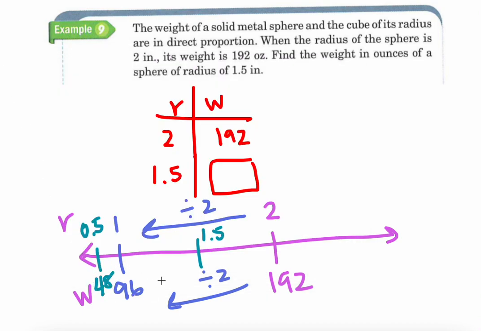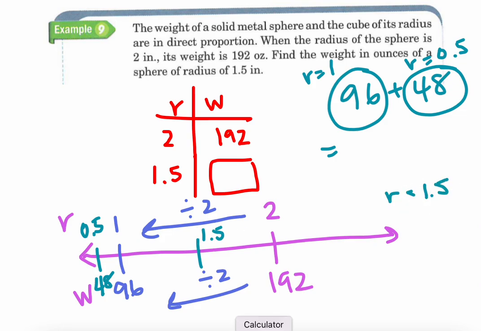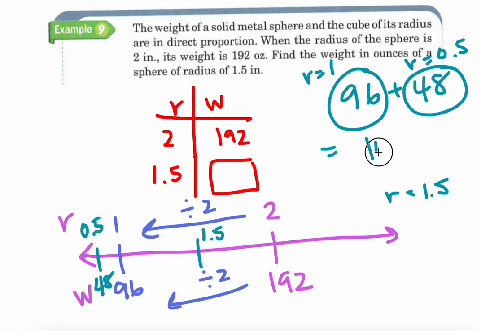So if I just do 96 plus my 48, I should get my answer. Because 96 is for 1, radius of 1, and then 48 is a radius of 0.5. So add those together, I would get the radius of 1.5. Okay, so 96 plus 48, that's 144. So any method that you choose should get you to the correct answer.